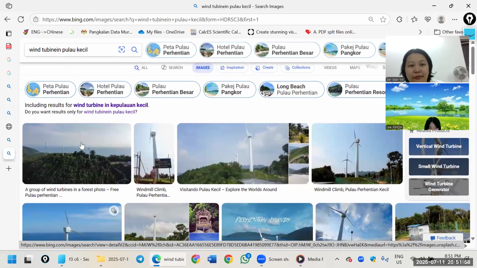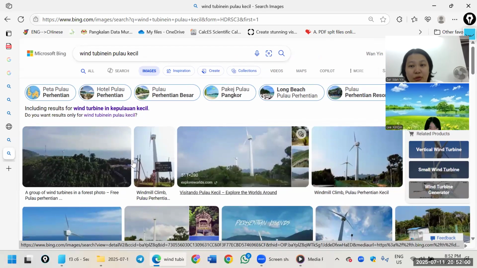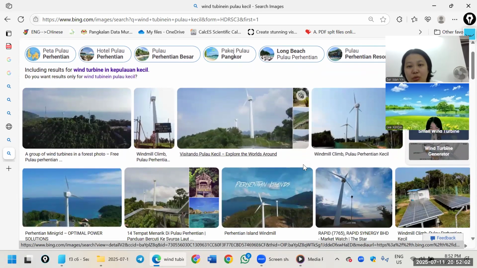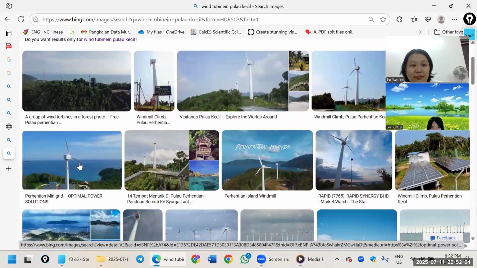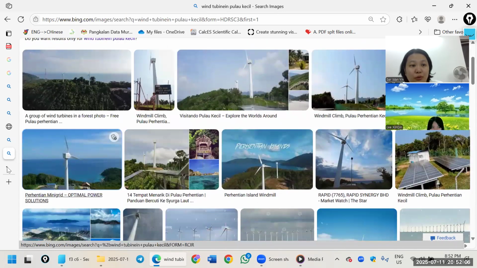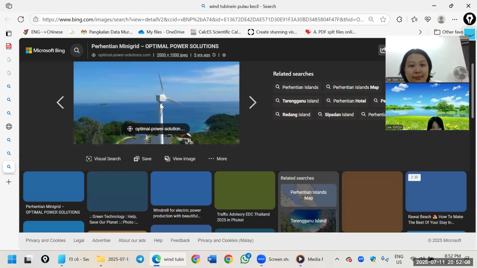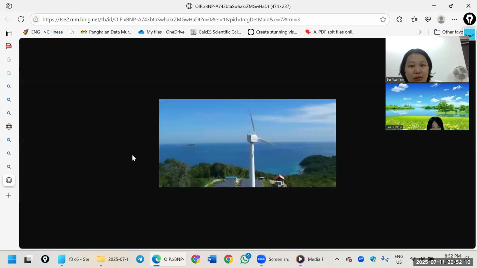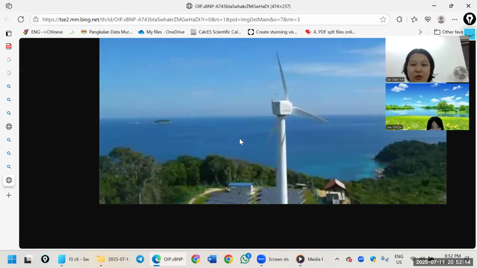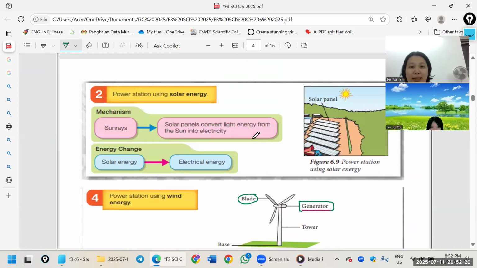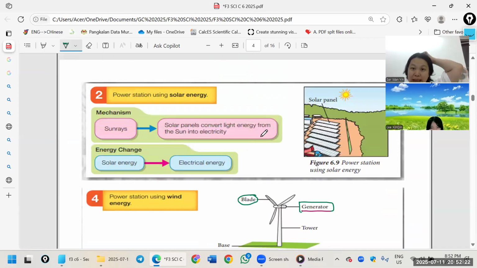I was there before, traveling on a school trip. So I feel proud. The small island uses wind turbine and solar together. Then solar energy is even easier.